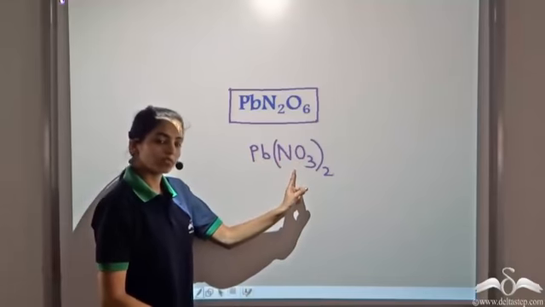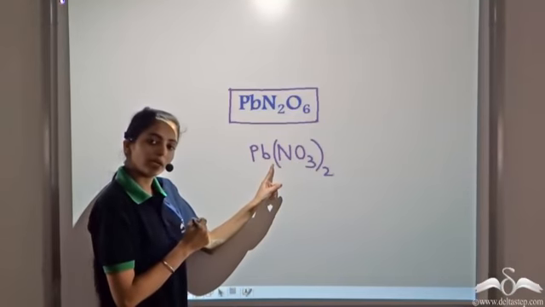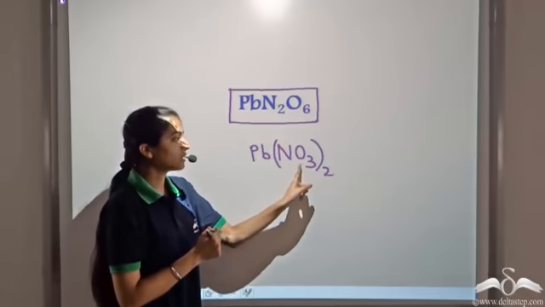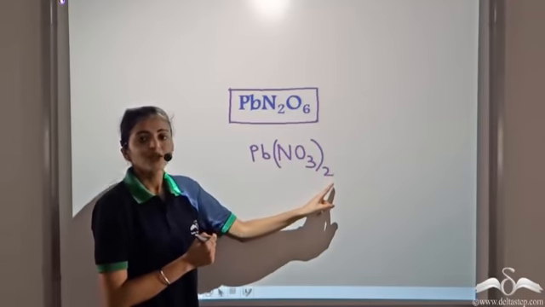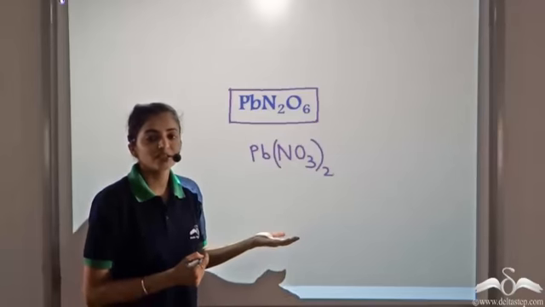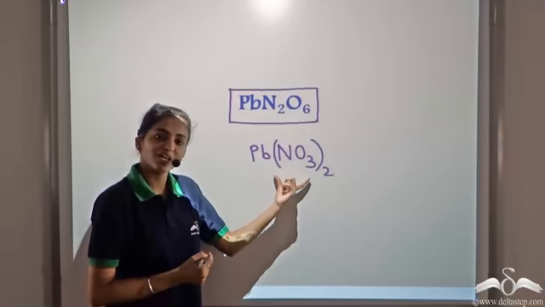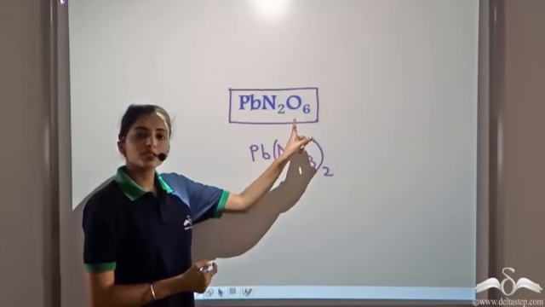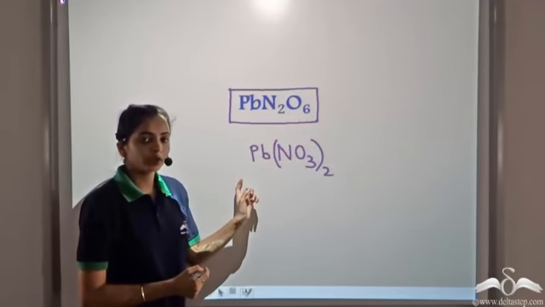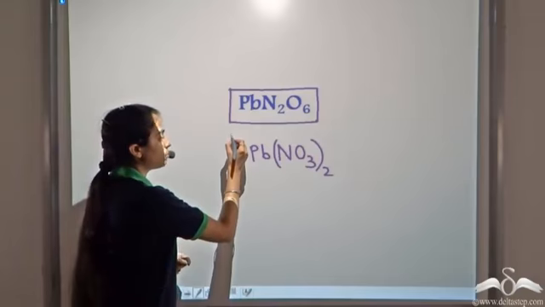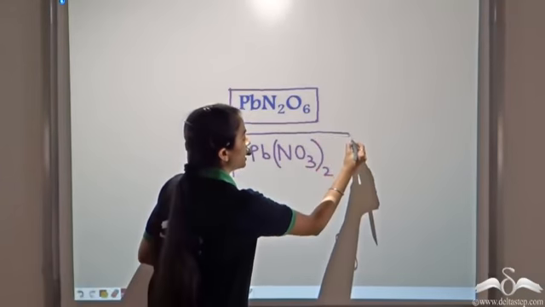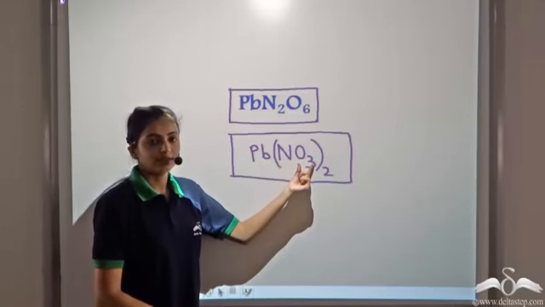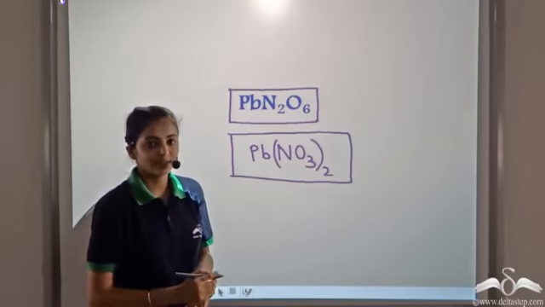When you see this formula, you again see there is 1 lead, there are 2 nitrogen atoms, and there are 6 oxygen atoms. Don't worry, once you start using these compounds again and again, you'll get the hang of how we get these elements and compounds. So PbN2O6 is not exactly the formula of the compound. Instead, the compound that is used for match manufacturing and explosives is lead nitrate, that is Pb(NO3)2.